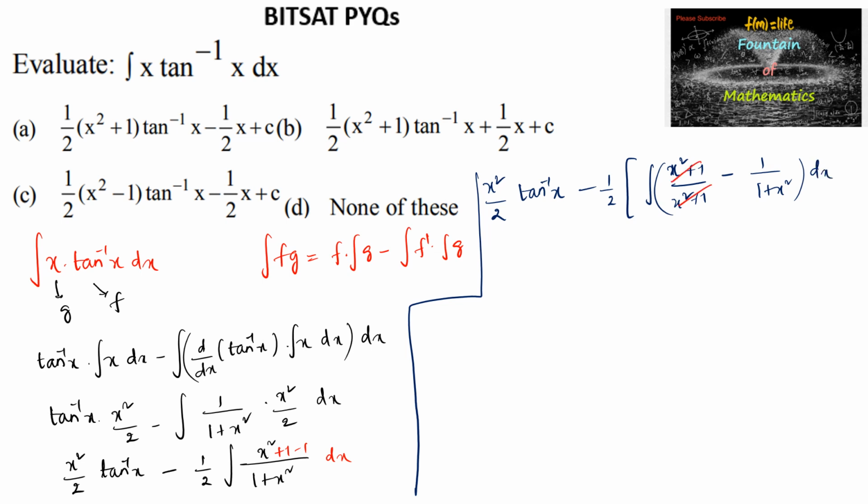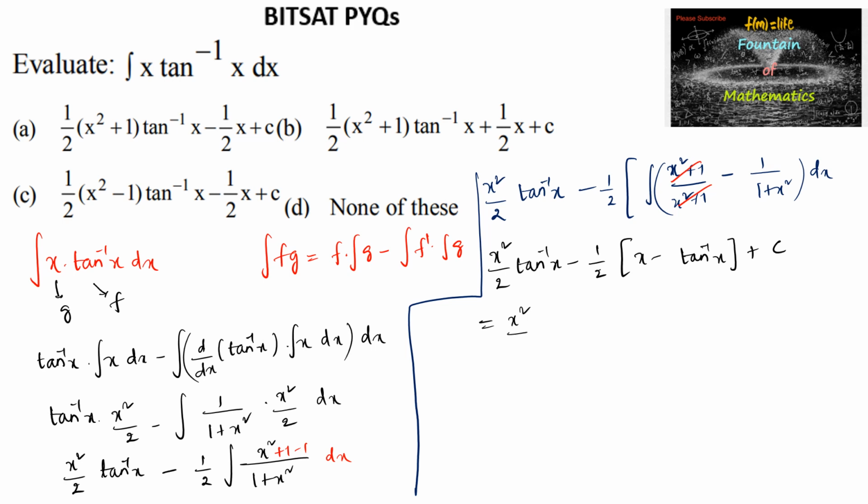So here x square plus 1 gets cancelled. So we can write x square upon 2 tan inverse of x minus 1 upon 2, the integration of 1 dx is x, minus the integration of 1 upon (1 plus x square) is tan inverse of x, plus the constant c.